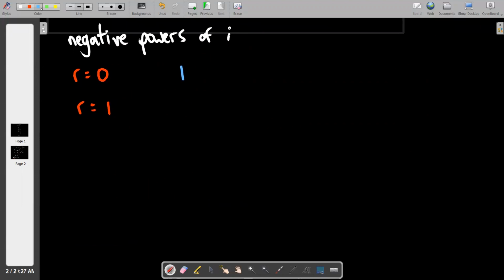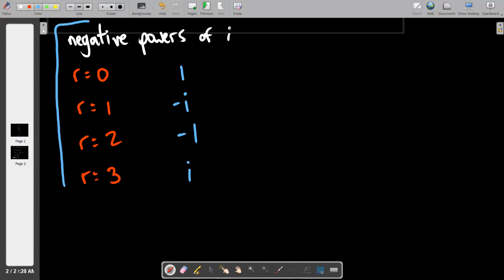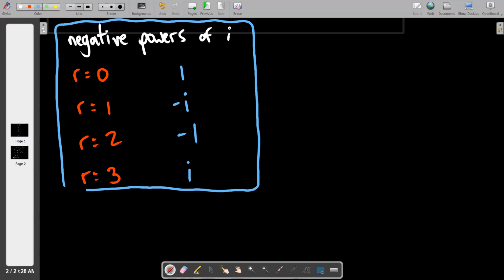Remember how the other table went 1, I, negative 1, negative I? This one's going to flip. So the first one now is negative I. What if the remainder is 2? And what if the remainder is 3? And that is it. So it works the same. It's so beautifully simple for negative powers as well.